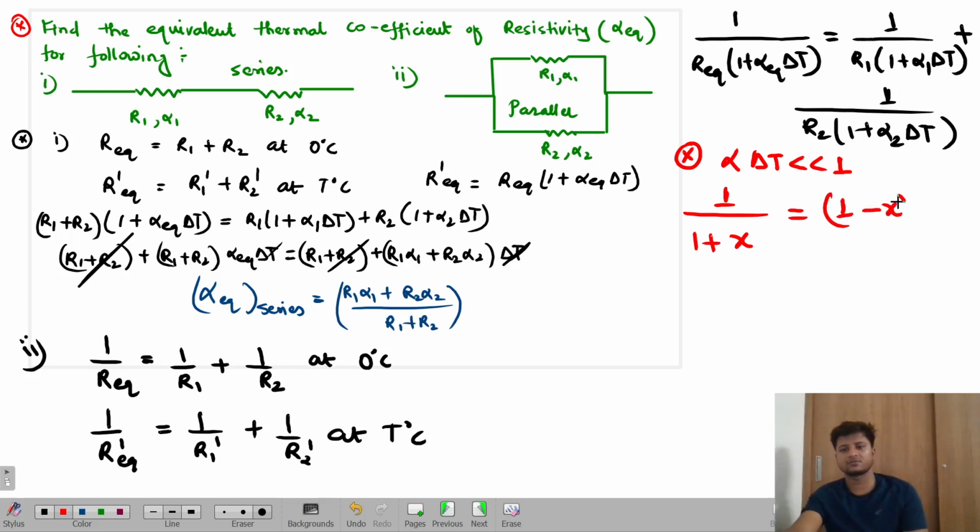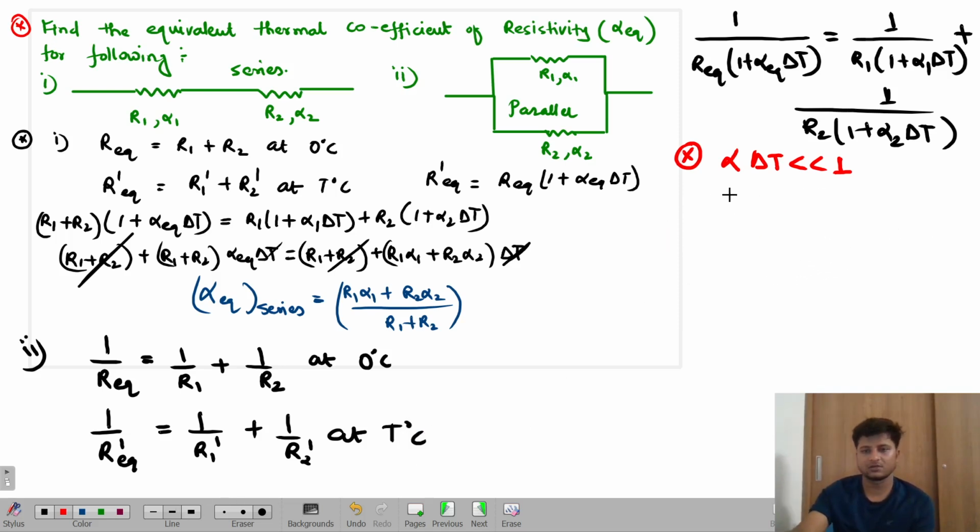Simple. Got it or not? If x is very small. So here alpha is very small. So like I'll do for 1 by 1 plus alpha equivalent delta T, it is simply 1 minus alpha equivalent delta T.